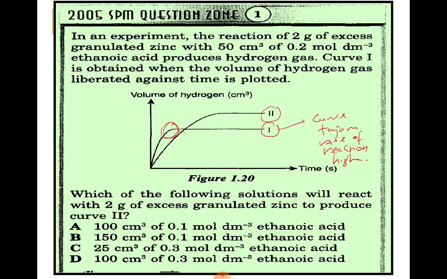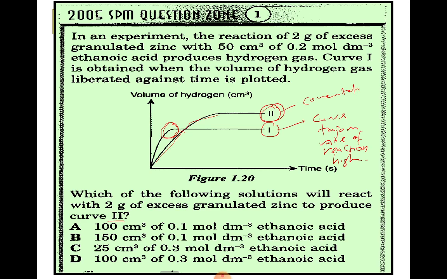Okay, bila rate of reaction dia higher, maksudnya kita kena tengok dulu apa pilihan jawapan yang ada. Dia nak di sini to produce curve 2. Produce curve 2 bermaksud kita kena cari dia punya concentration untuk curve 2.